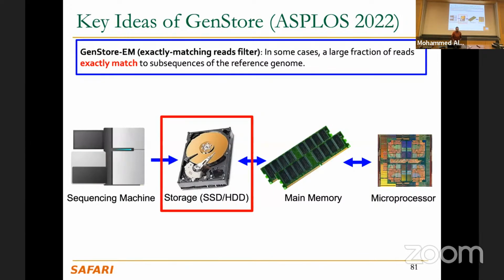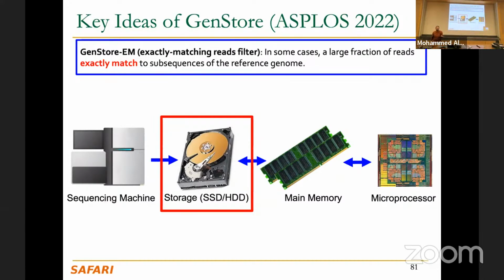There are two main observations here. The first one is that we find enough exact matches between the read and the reference genome. Instead of running the edit distance calculation and all those expensive sequence alignment algorithms, we find that a large portion of the read exactly appears in the reference genome.